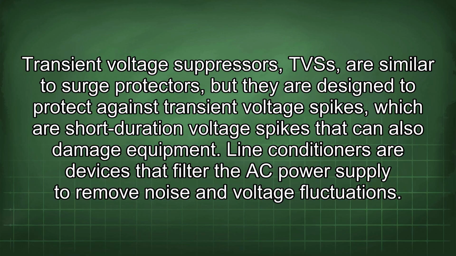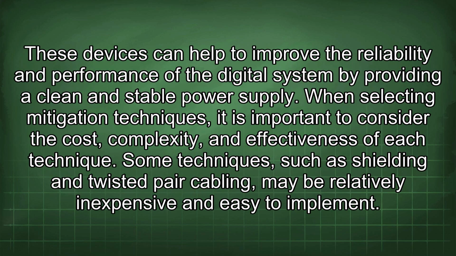Line conditioners are devices that filter the AC power supply to remove noise and voltage fluctuations. These devices can help to improve the reliability and performance of the digital system by providing a clean and stable power supply.